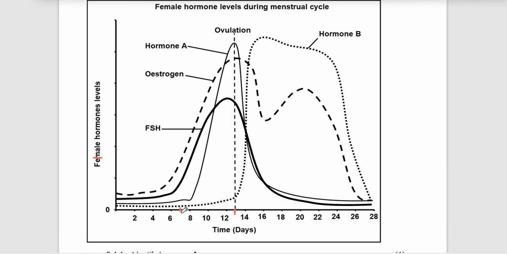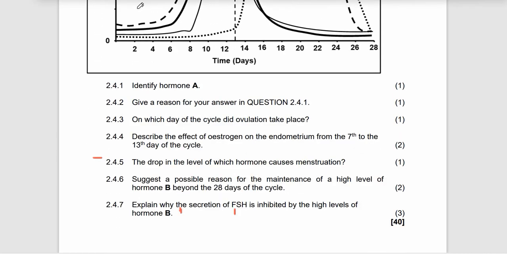As you can see on the dotted line, it started going up on day 7 up until day 13, and on day 13 it went down. During those days, estrogen was strengthening the endometrium wall, making it vascular and glandular, because ovulation is about to take place. Simple like that. I'm going to answer like that.